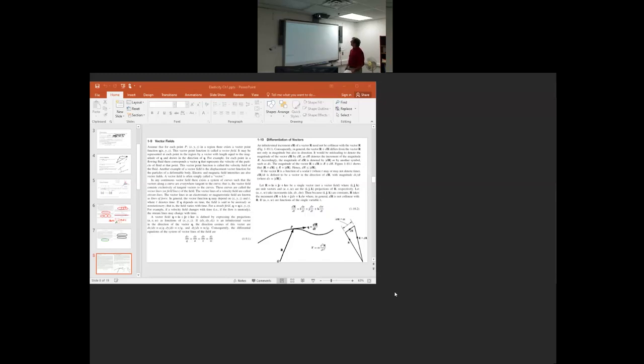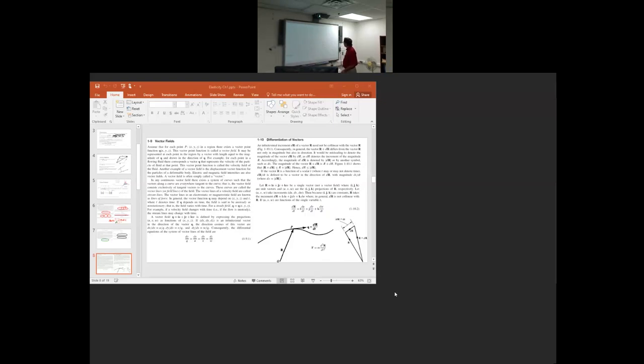So in general, we can have the vector r to have components u times i, v times j, w times k. And if you differentiate the vector r, you can differentiate each of the components the same way. If it is time dependent, you can also differentiate with respect to time each component as well.